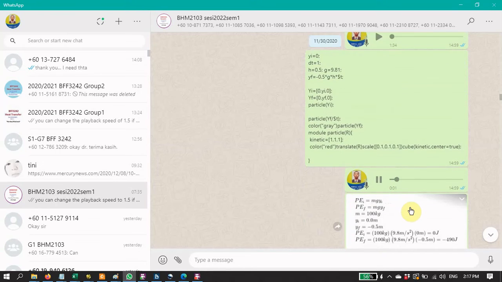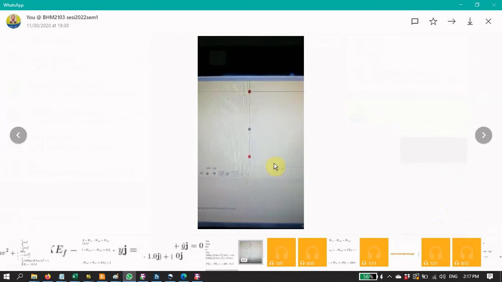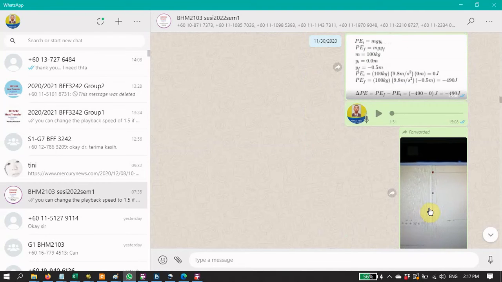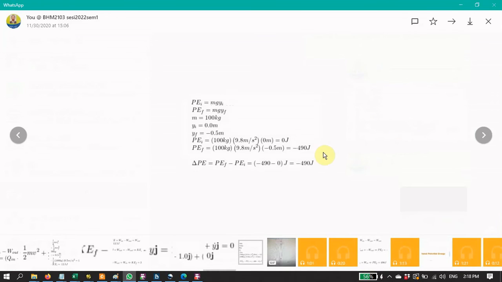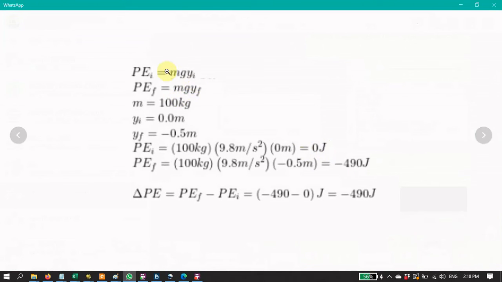So above here is the animation of the particle, right? From a certain position, and then it falls down to a certain speed, right? Let's say it's stationary, and then it falls down with a certain speed. So we have the state of the body, right?